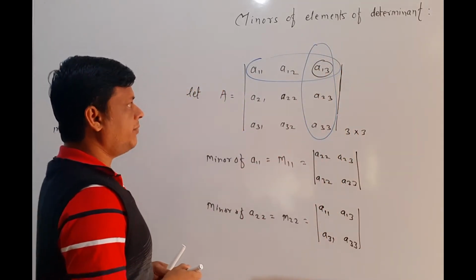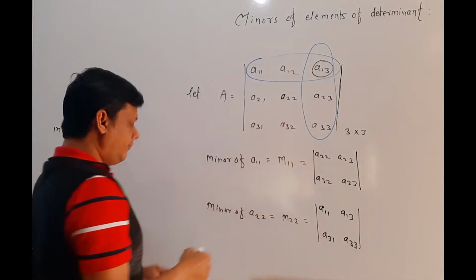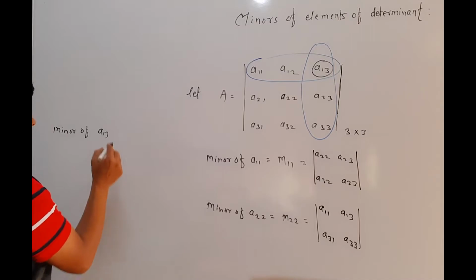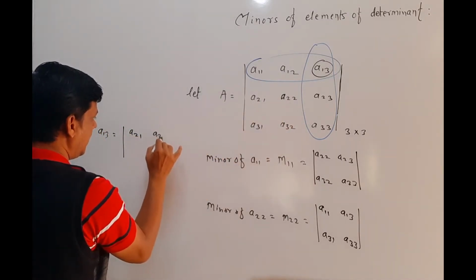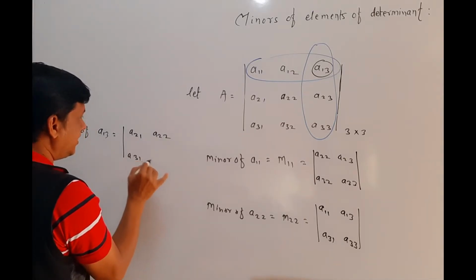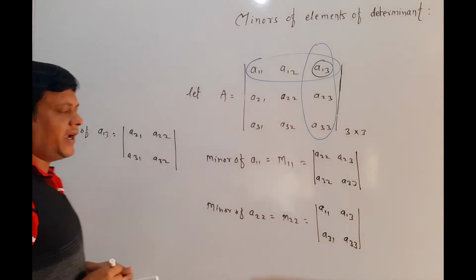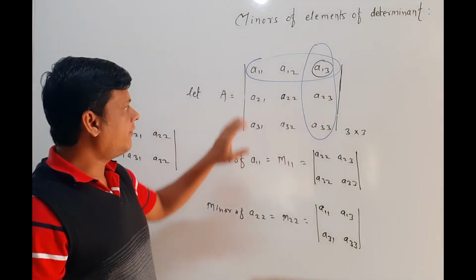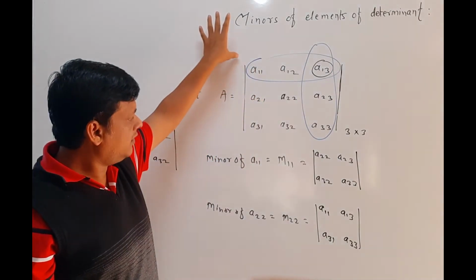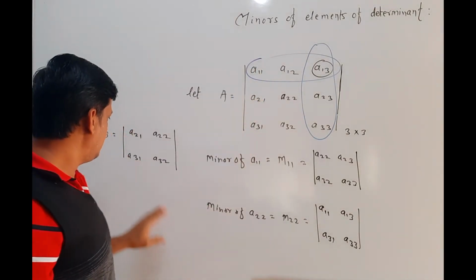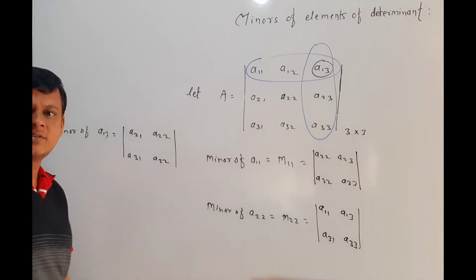So we have to skip the first row and third column and calculate the value of the determinant having elements a21, a22, a31 and a32. So in this way you can find the minors of the remaining elements with the help of this discussion. Now we see with examples how to calculate the minor of the given elements.